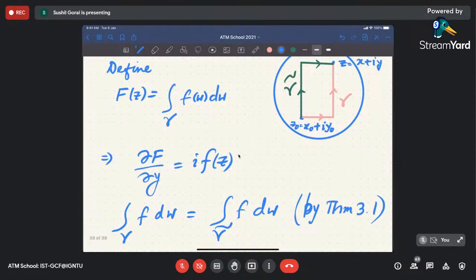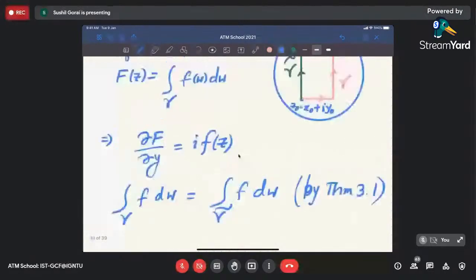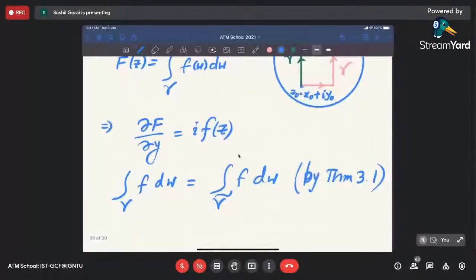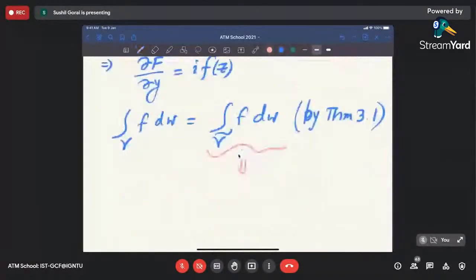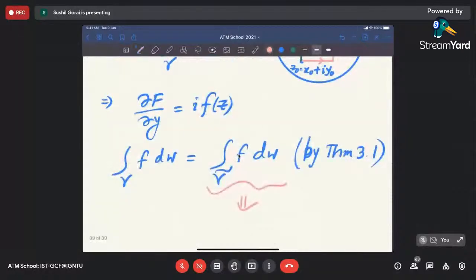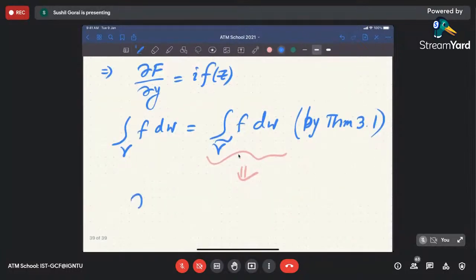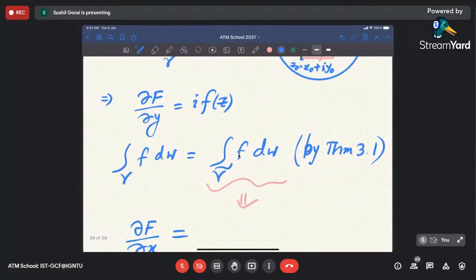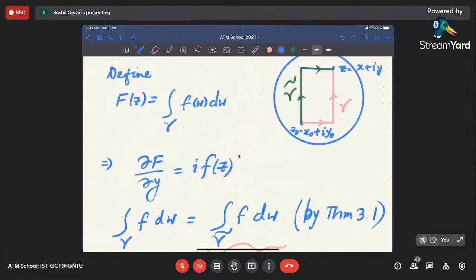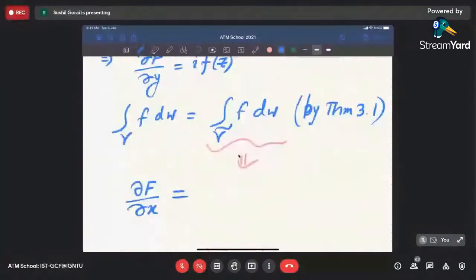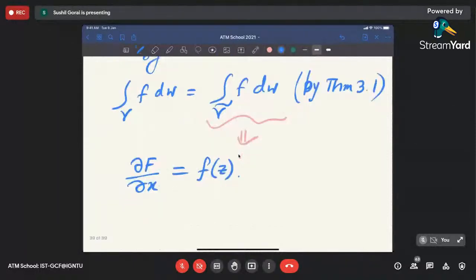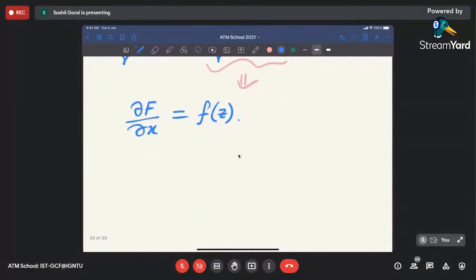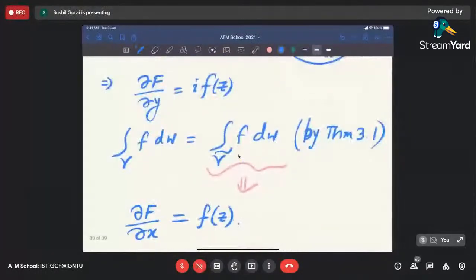All right. And from this part we get that it depends on the endpoint, on x actually. So ∂F/∂x would be f(z). You need to calculate it; if you are a little confused here, I invite you to compute this. Now, what does this mean?